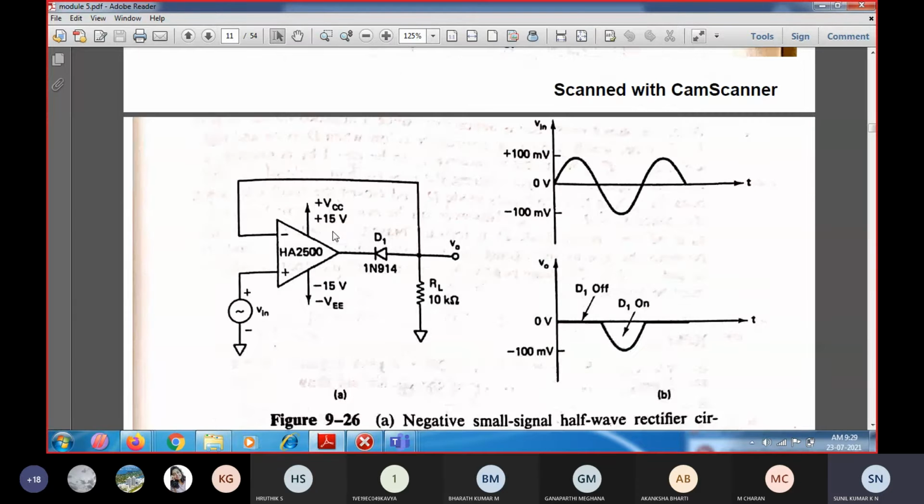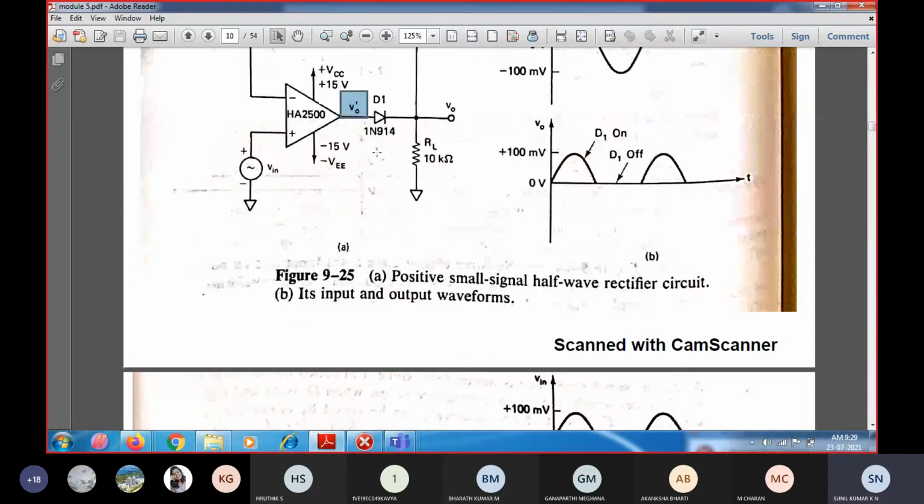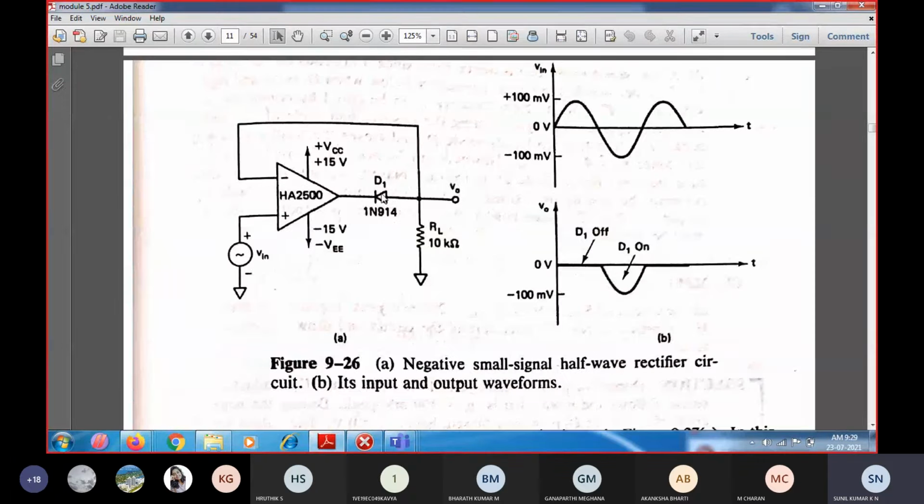Now the same thing: if I reverse the polarity of the diode, the diode D1 will be connected in the reverse direction.